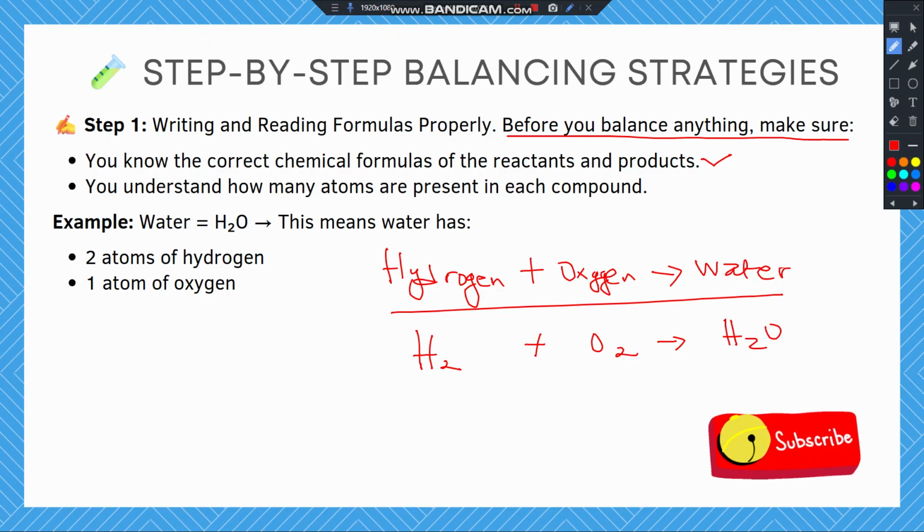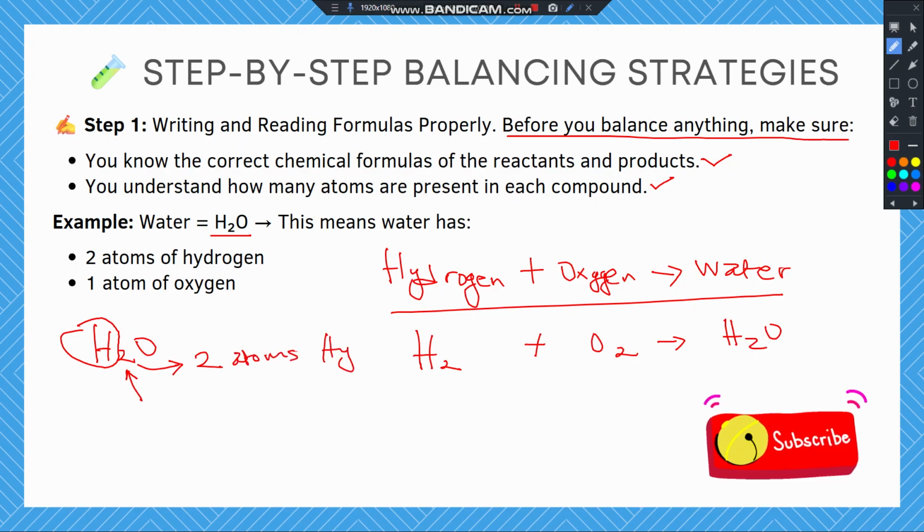Now, once that is out of the way, the next thing you need to do is to understand how many atoms are present in each compound. For example, water has the formula H₂O. H₂O simply means that this hydrogen over here has a subscript, number 2, and number 2 is simply telling us that there are 2 atoms of hydrogen.